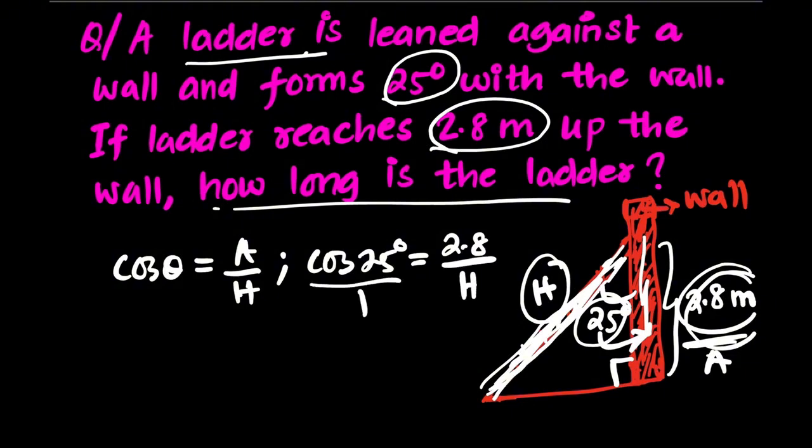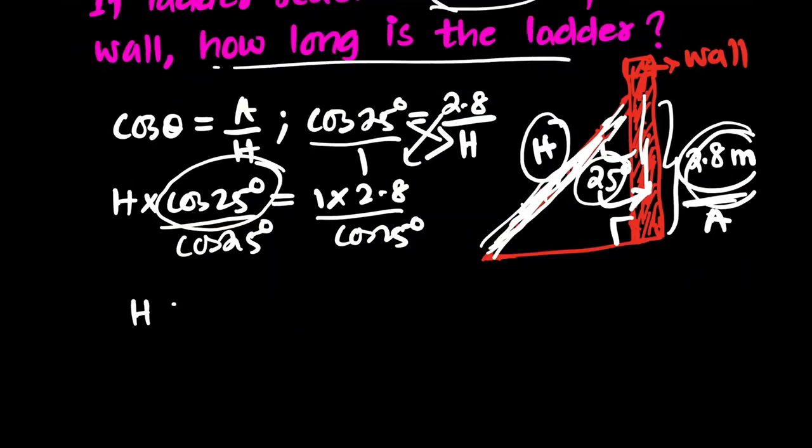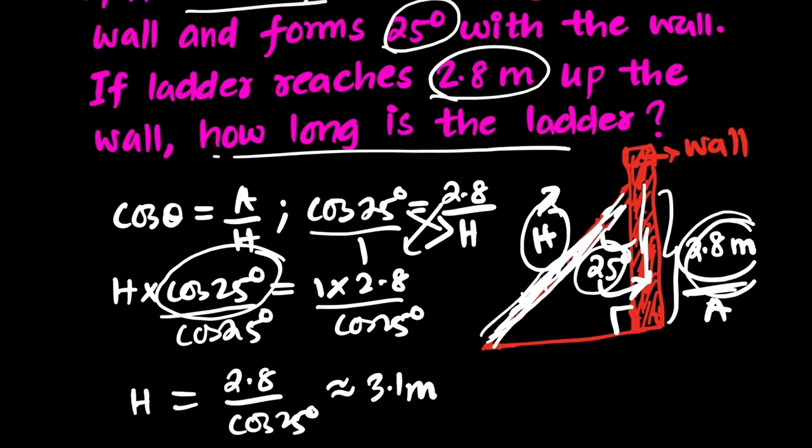There is a denominator of 1 here. Cross multiply this proportion, which becomes h times cos 25 degree equals 1 times 2.8. Divide both sides by cos 25 degree, which gives us h equals 2.8 over cos 25 degree, which is approximately equal to 3.1 meter. So the length of this ladder is 3.1 meter.